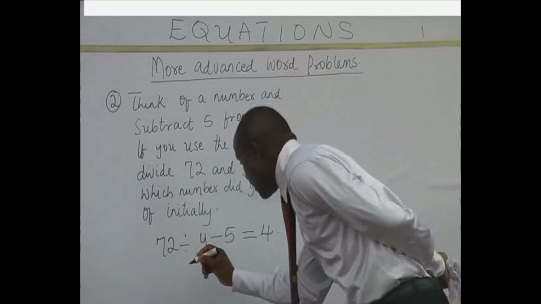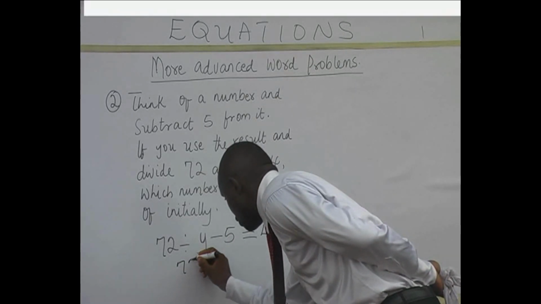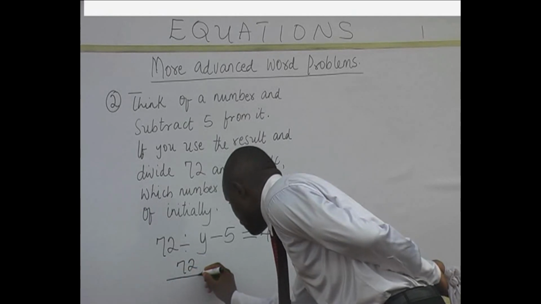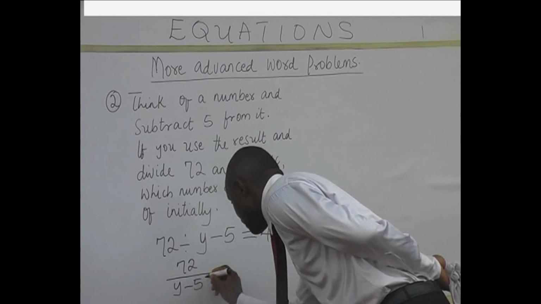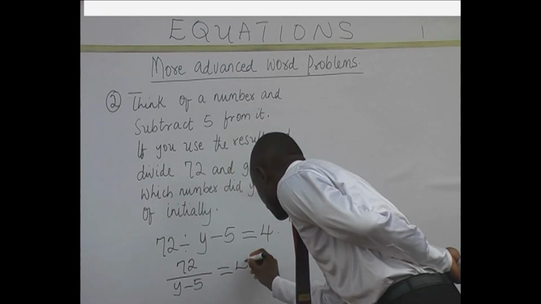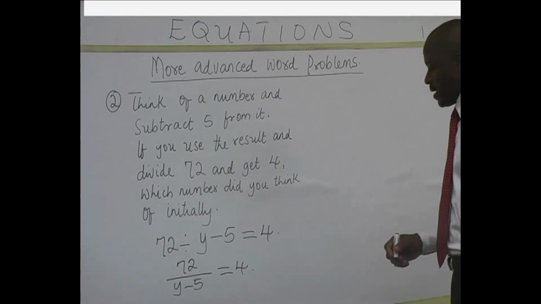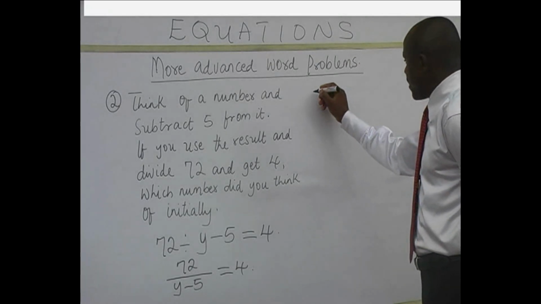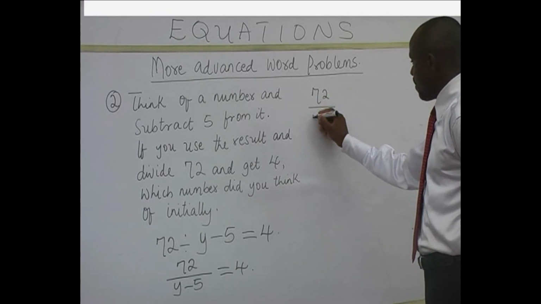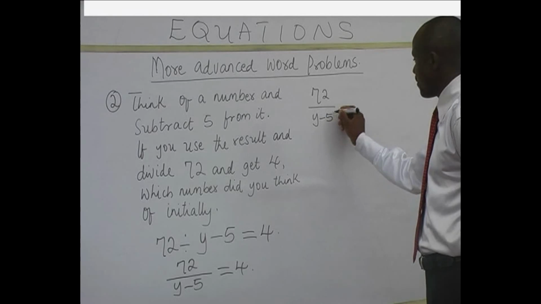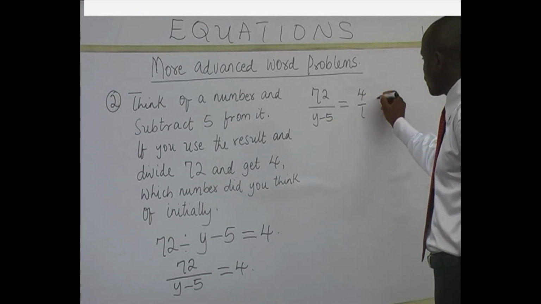What this means is 72 divided by y minus 5 is equal to 4. That clearly will be 72 divided by y minus 5 is equal to 4 all over 1.